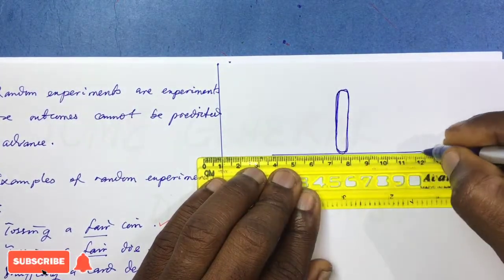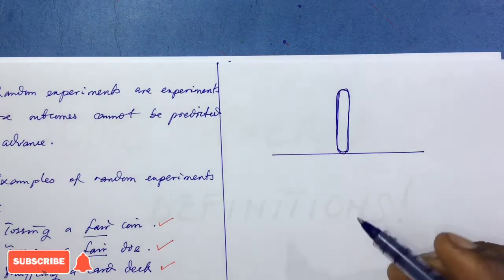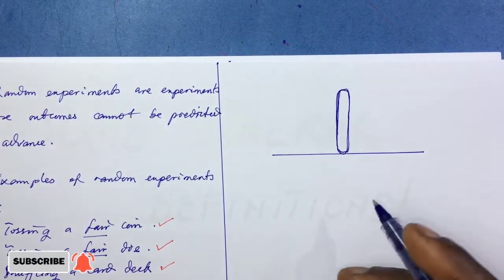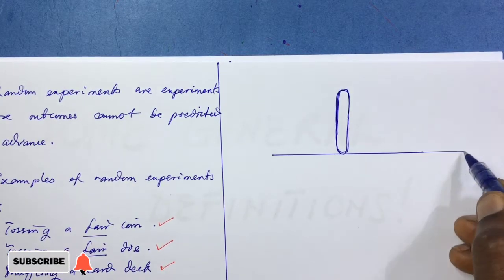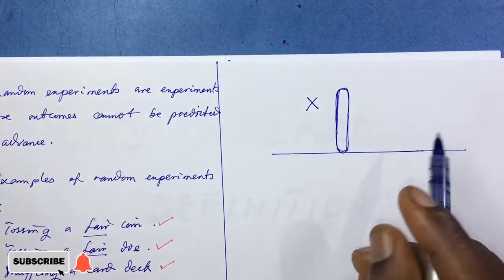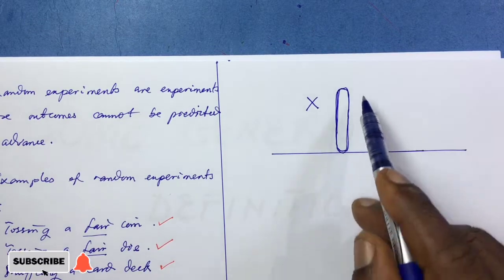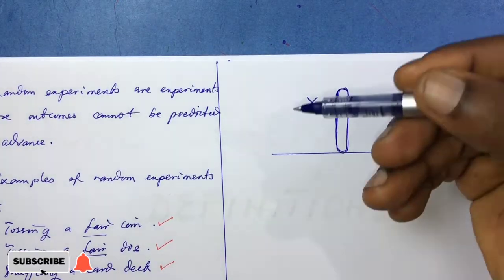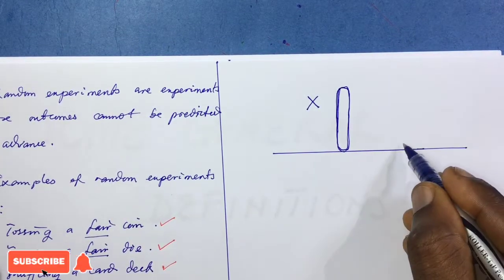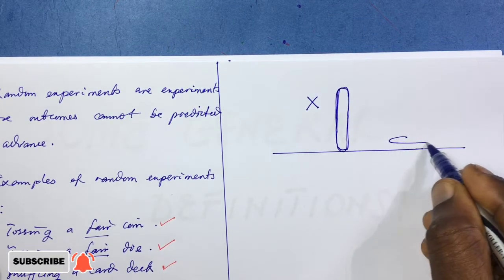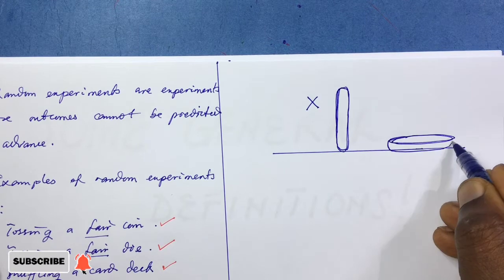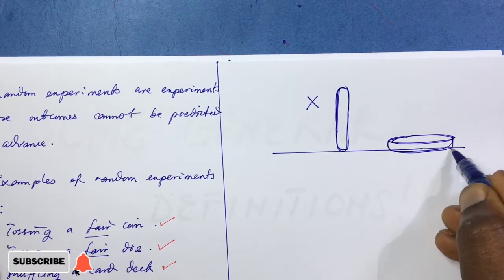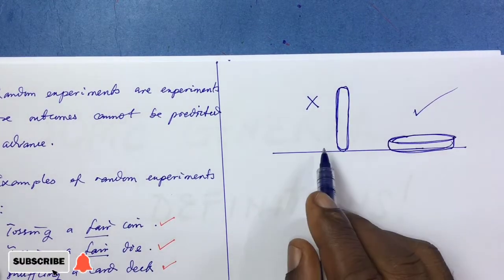A coin that has this possibility is not regarded by us as a fair coin. So in talking about a fair coin, this possibility of the coin standing erect is eliminated. What we are referring to is a coin that can only land on either of its base. So this is a fair coin and this is not.